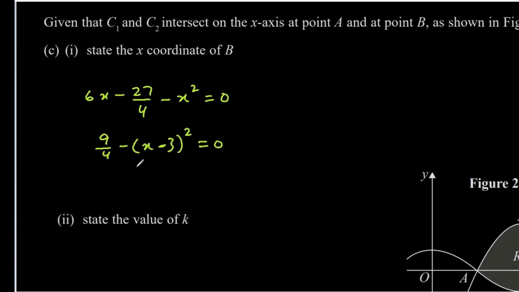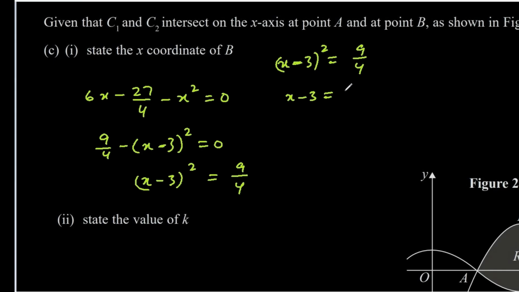And we know very well there are two values. First is x minus 3 squared equals, this 9 over 4 will go to the other side, and we can find out x minus 3 equals 9 over 4, that means x minus 3 is equal to plus or minus 3 over 2.